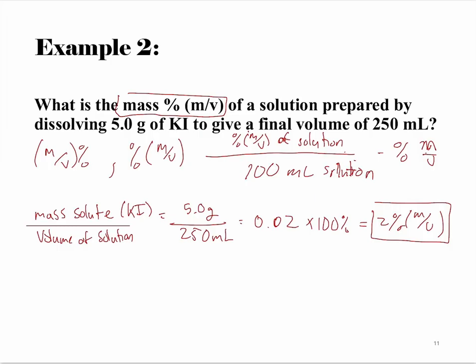Our concentration is defined as the percent mass to volume of solution per 100 milliliters of the solution itself. So when you get the decimal point, you multiply that by 100 to get a percentage value. And multiplying it by 100 is the same as defining it as the concentration per 100 milliliters of solution.